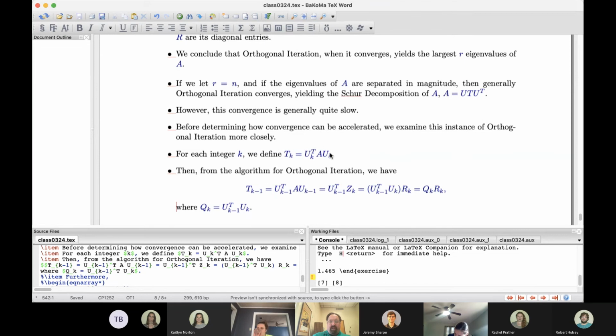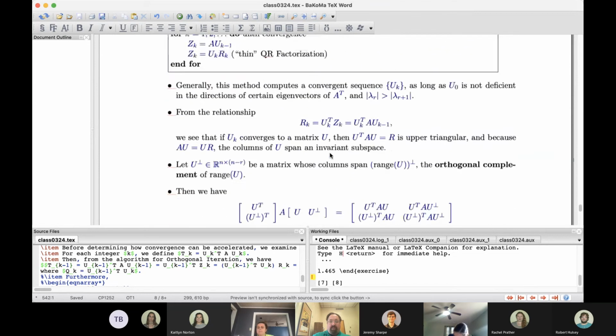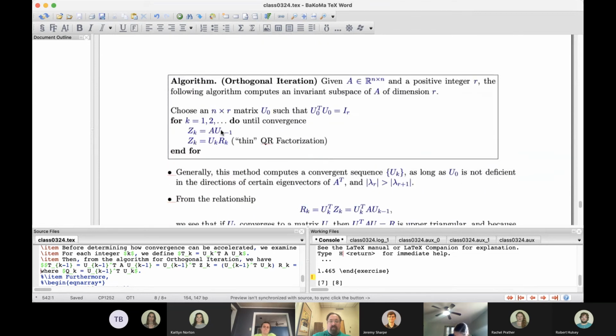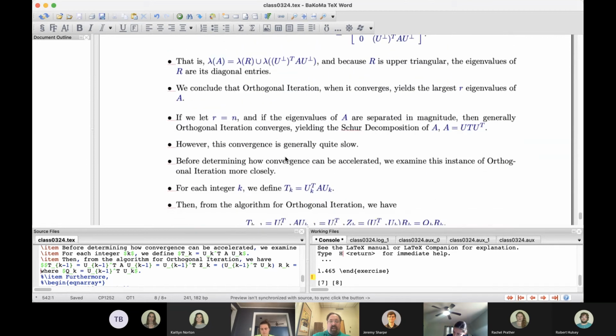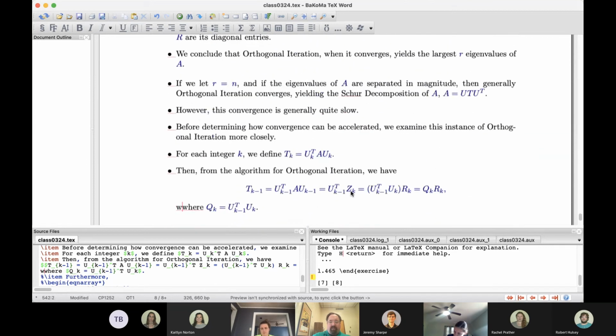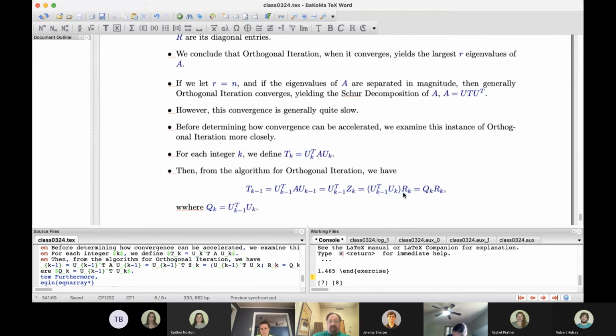But if I look at the algorithm, A U_{k-1} is Z_k. So I fill that in here. But Z_k is U_k R_k. That's a QR factorization. So now I'm going to lump these two orthogonal matrices together. The product of orthogonal matrices that are n by n is also an orthogonal matrix, and I'm going to call that Q_k.